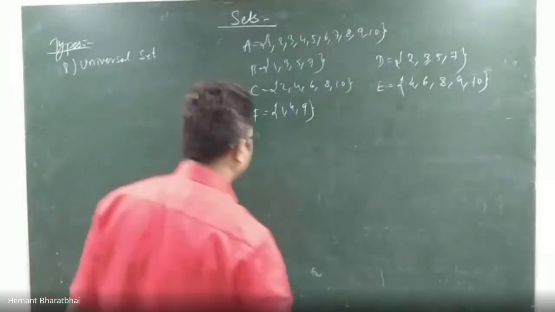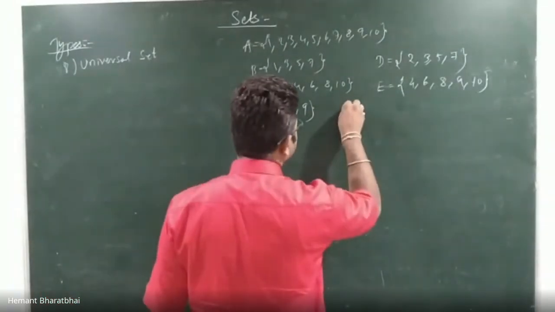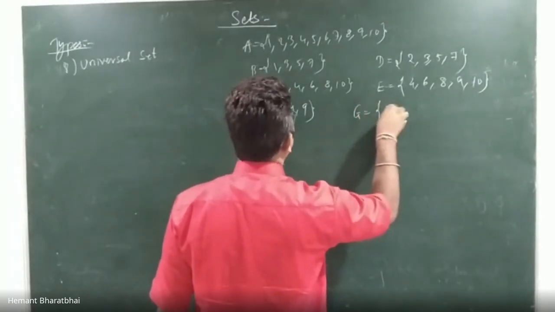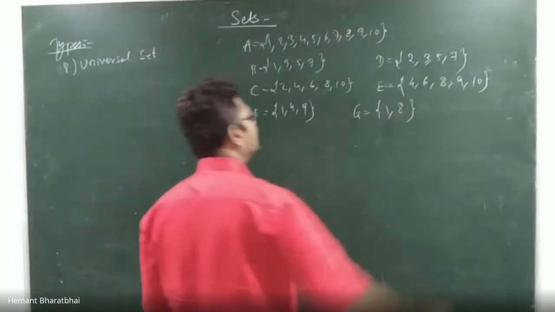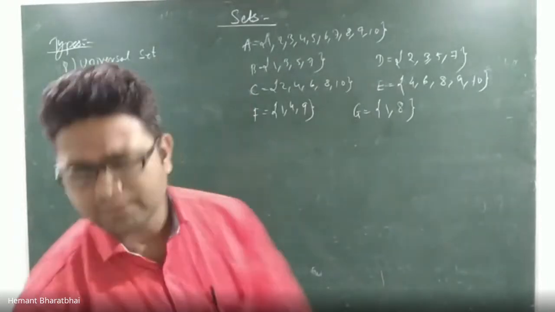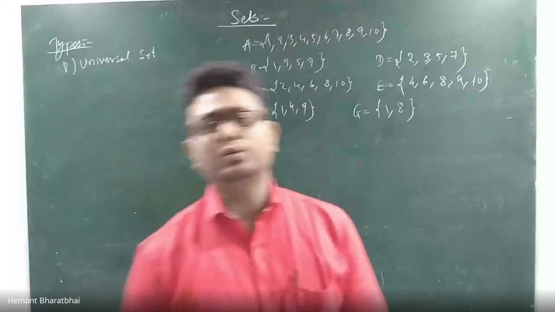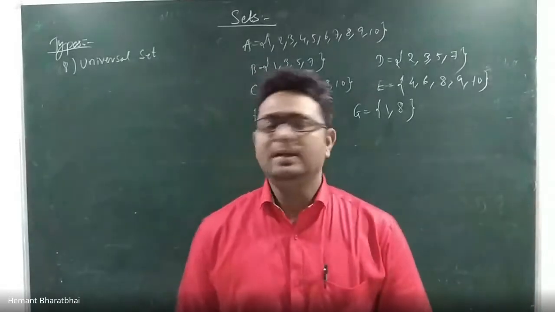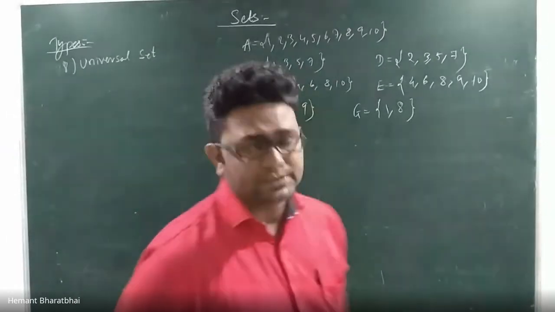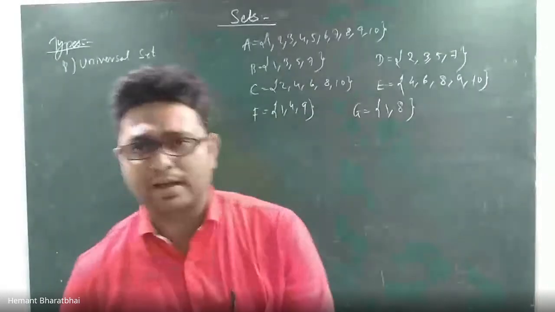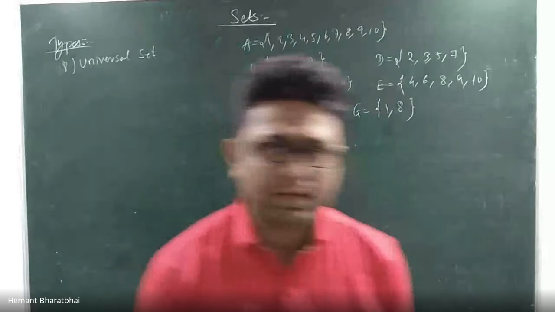These are perfect squares. Then I can write one more set. These are perfect cubes. So when we talk about numbers, we'll say prime numbers, co-prime numbers, then you will say composite numbers, odd numbers, even numbers, perfect squares, perfect cubes, and so on.